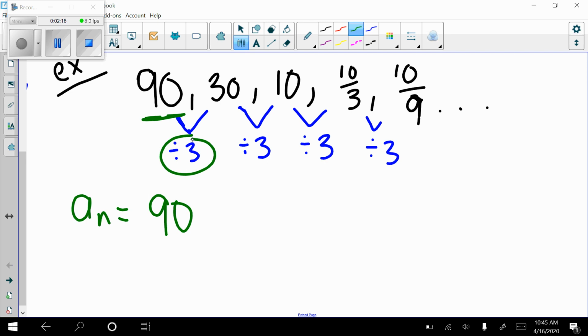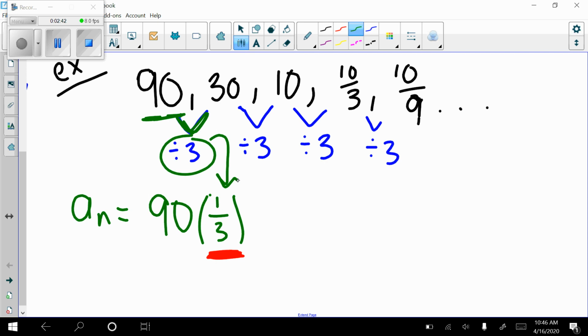If I'm dividing by 3, that's the same thing as saying I'm multiplying by 1 over 3, or 1/3. I know that this may be difficult to think about, but that is the way that we're writing it. So instead of multiplying by a number, or sorry, instead of dividing, because that's what the pattern is saying, we're dividing by 3. In the equation, though, you still write it as multiplication.